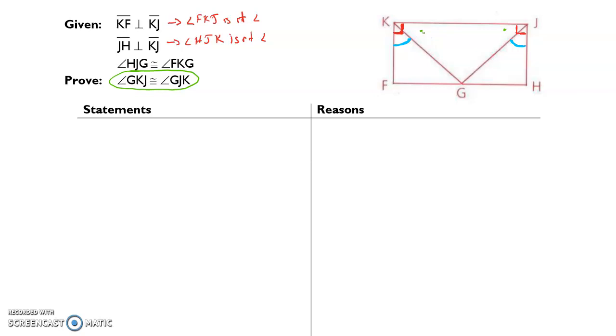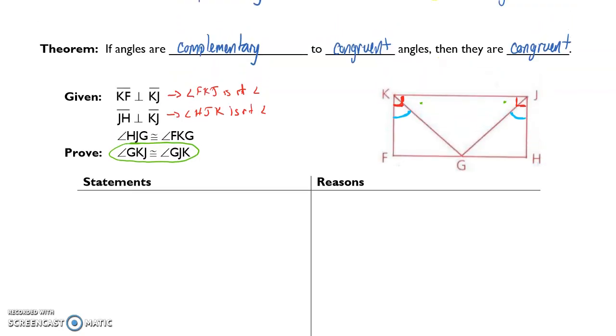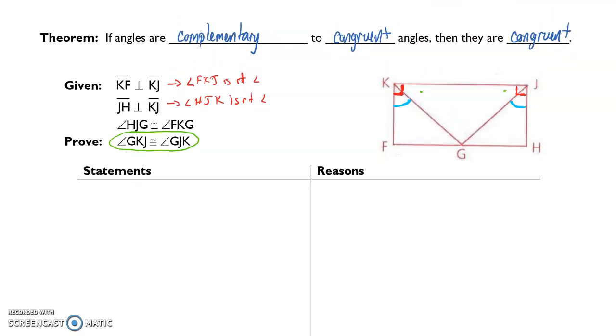Well, this is going to be one of the theorems we just talked about. I know these angles are congruent. Can I somehow find a statement that says these other angles are supplementary or complementary? And the answer is going to be yes.